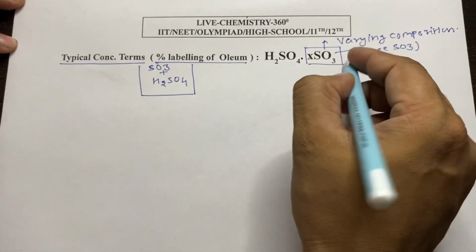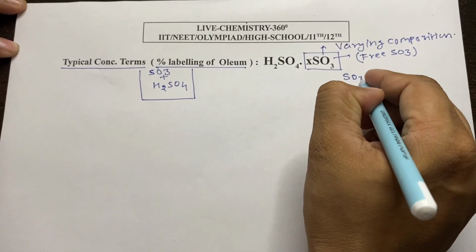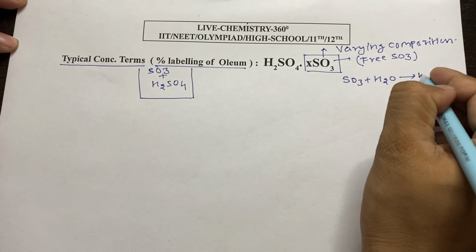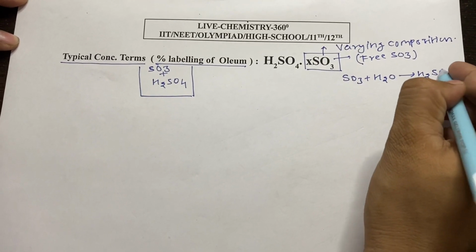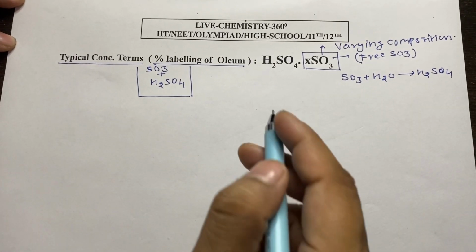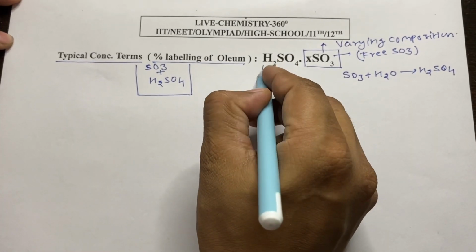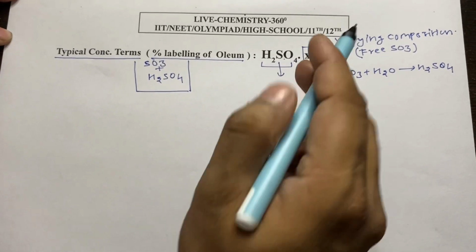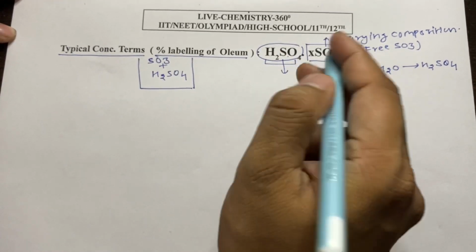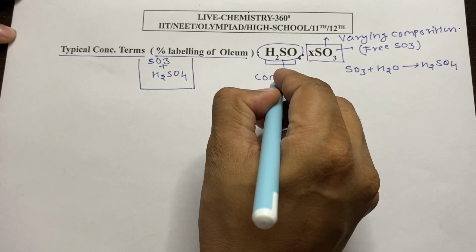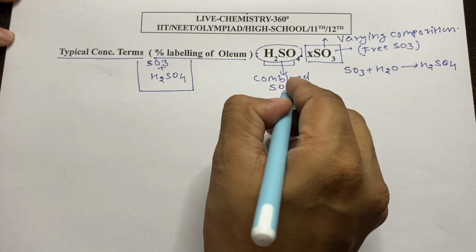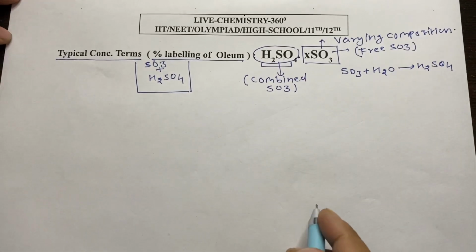Now this free SO3 will react with water to give H2SO4. The SO3 which is present in the H2SO4 is called combined SO3.